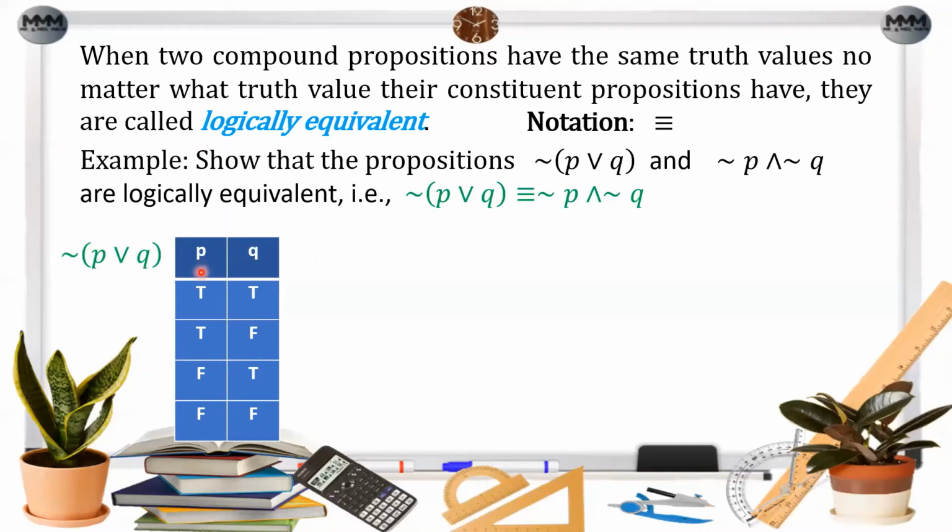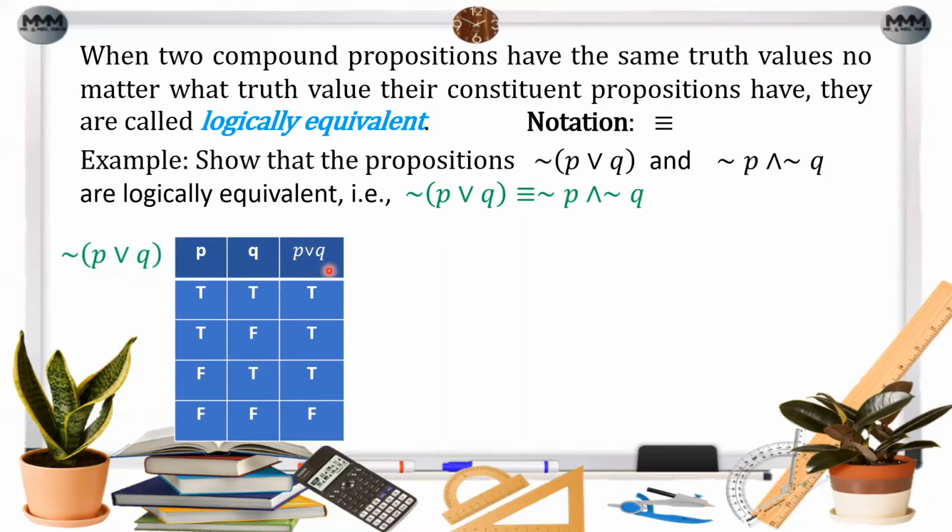Since we have here the truth values of P and Q, we will construct another column for P or Q. Again, for or, it means either P or Q, right?